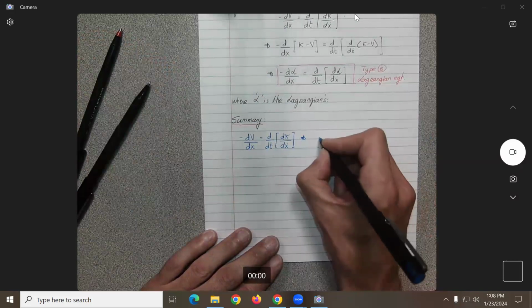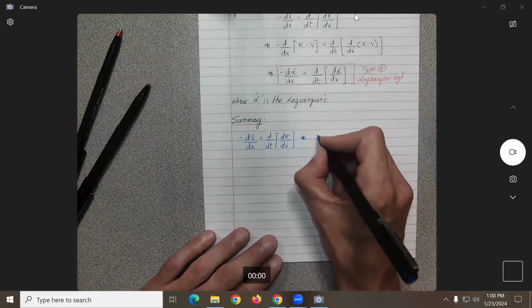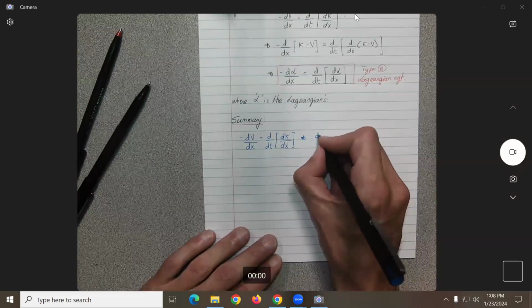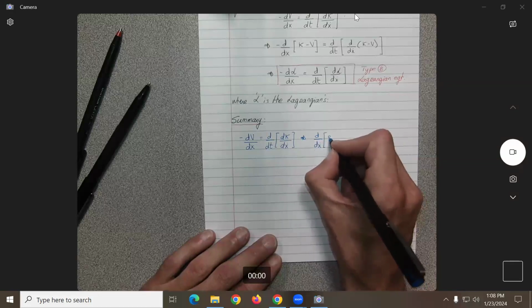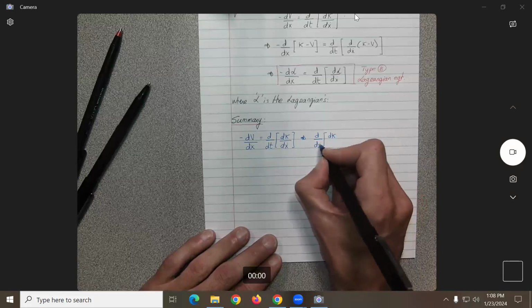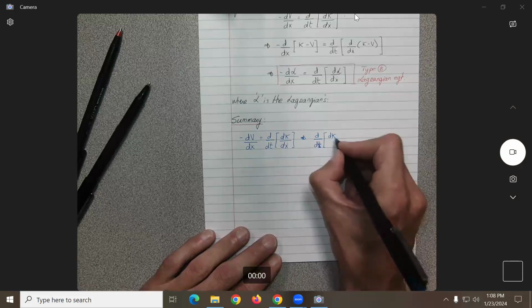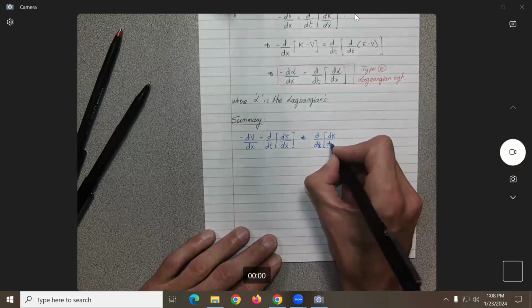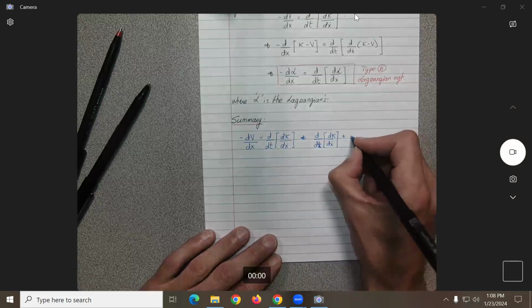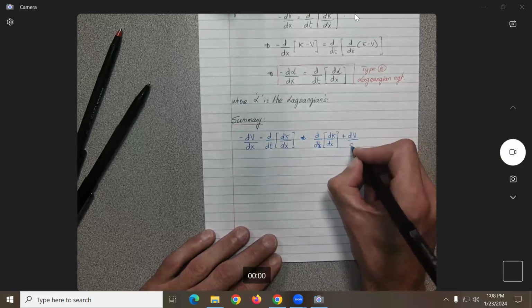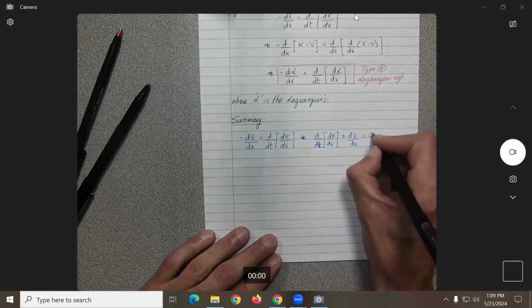In most cases, you're going to find this form: d/dt of d/dx dot of the kinetic energy plus dV/dx equals 0.